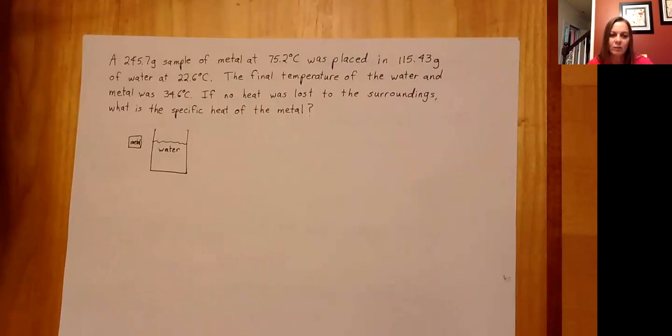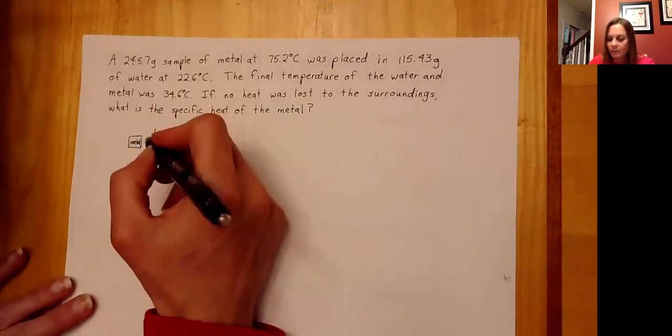And we place it into a beaker containing 115.43 grams of water at 22.6 degrees Celsius. And it tells us that the final temperature of the water and metal are both 34.6 degrees Celsius. So if no heat is lost to the surroundings, what's the specific heat of the metal?